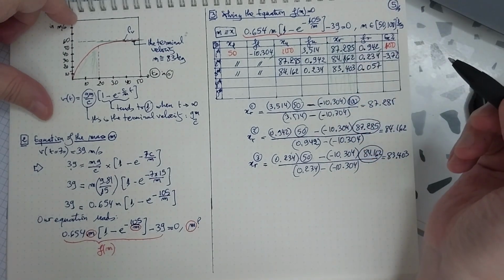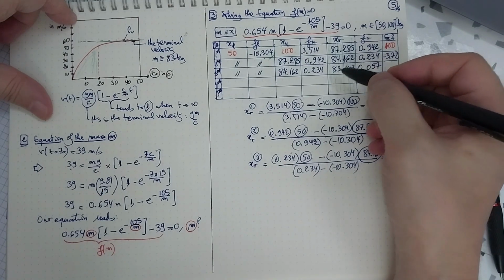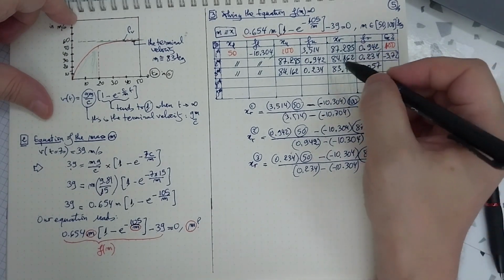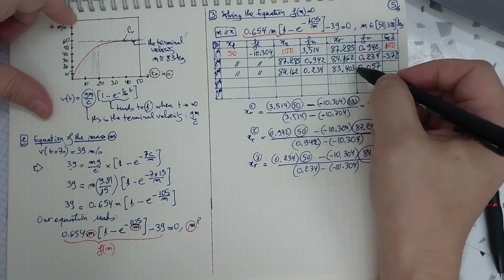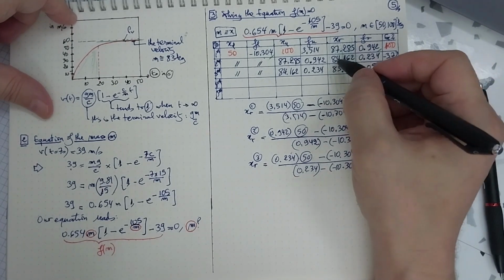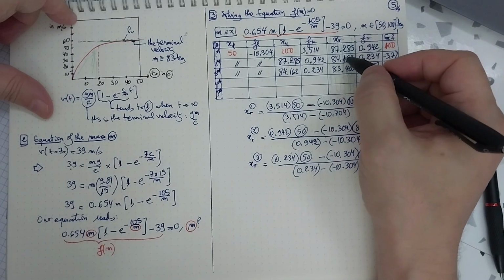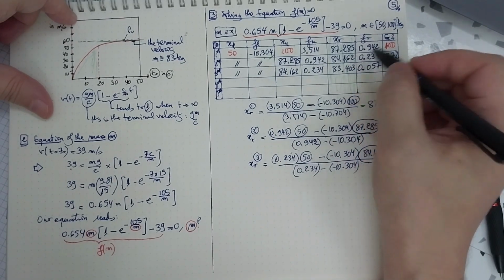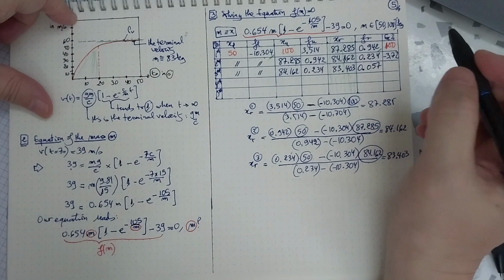Assess the error, assess the progress, where we are. For the current, 83.403 minus 84.162, the previous, over the current, times 100%.